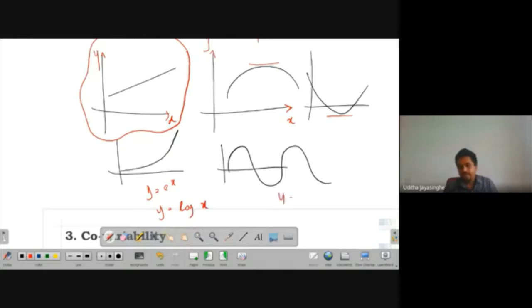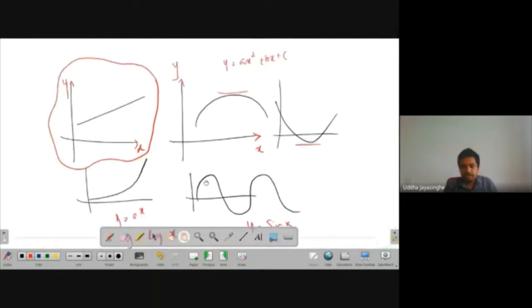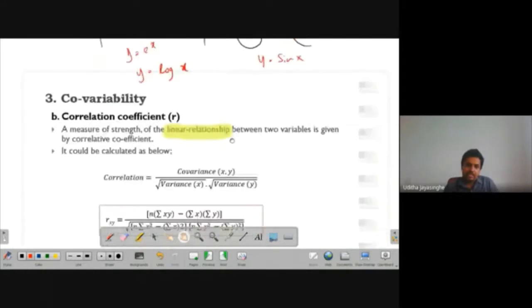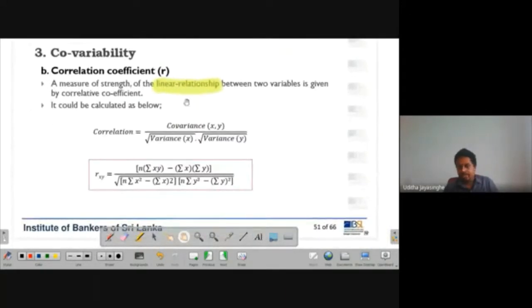Likewise, this is y equals sine x. So in mathematics and statistics, students, there can be many more relationships. For one particular x variable there can be different y variables, but that doesn't mean we are limited to linear relationships. That's why I have categorically mentioned that this correlation coefficient is only going to measure the strength of the linear relationship.